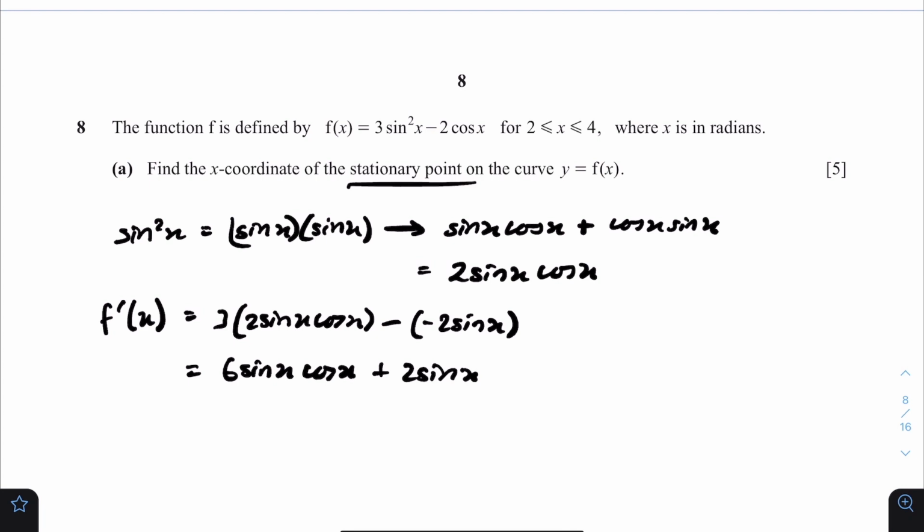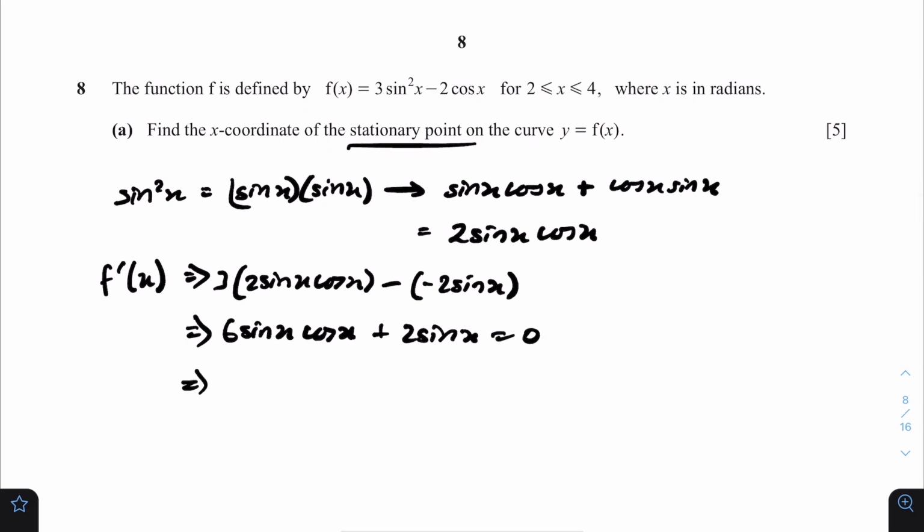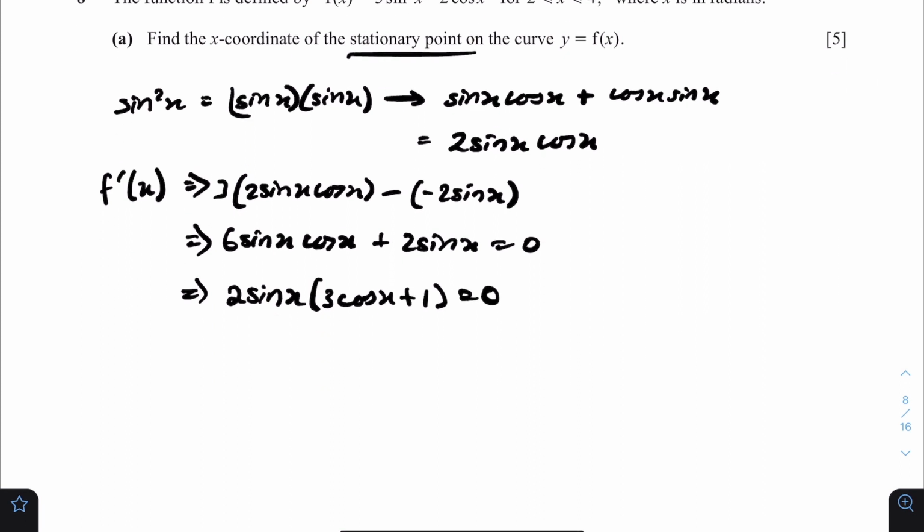Now we have to set this to 0, because that's how you find the stationary point. If you factor out 2 sine x to make this easier, you get 2 sine x times 3 cos x plus 1 equals 0. So you have two equations: 2 sine x equals 0 is the first one, and the other is 3 cos x plus 1 equals 0. Let's start with the sine x one.